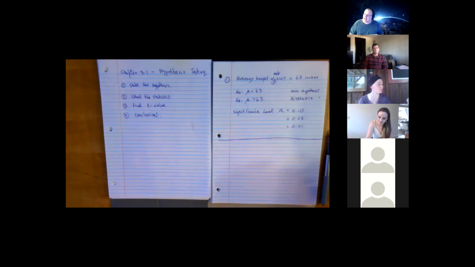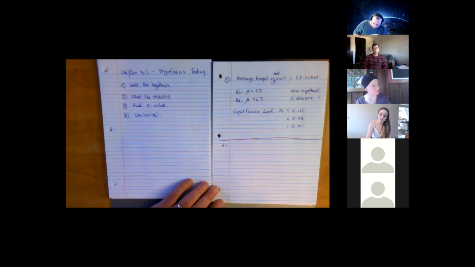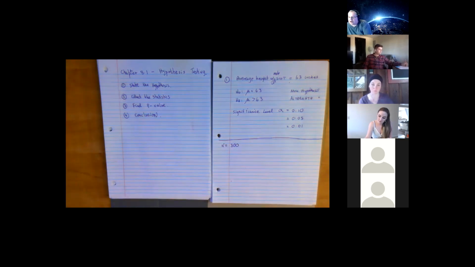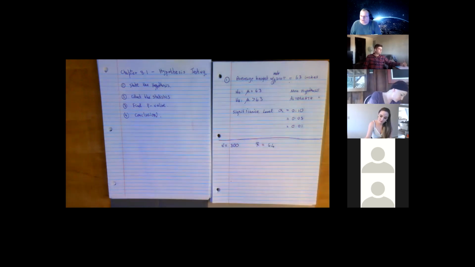So he gets some money, and with his money, he manages to get a sample of 300 randomly selected adult males. It has to be a good random sample, the usual way. And he finds out that the average height is 64 inches.